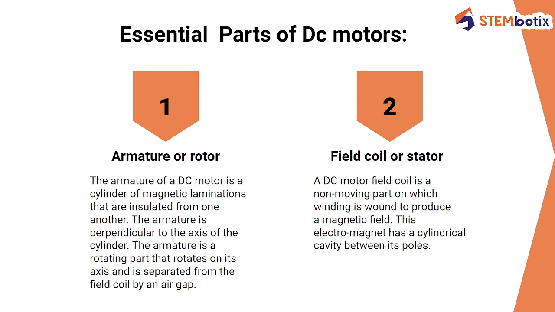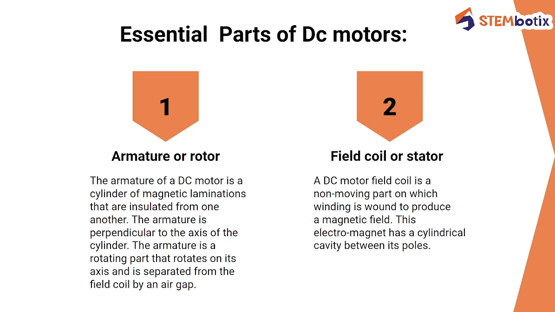The armature is a rotating part that rotates on its axis and is separated from the field coil by an air gap. Meaning there is an air gap between the armature and the field coil.